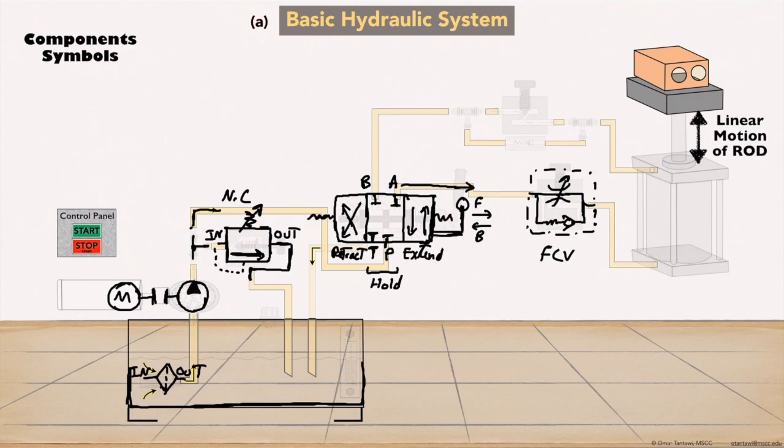So again, the oil will flow to the needle valve component. From the needle valve it will go to the cylinder. The cylinder has these 2 ports, A and B. Now the cylinder, which is the actuator unit, has 3 subunits.